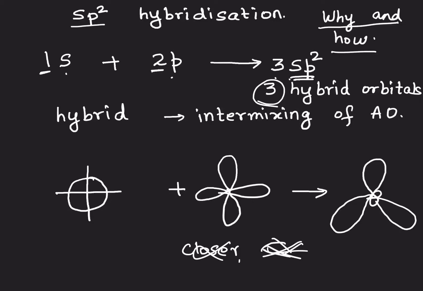Everything has been explained in detail in that. Now I've drawn the 3 hybrid orbitals. Why? 1 s and 2 p. The total number of hybrid orbitals is equal to the total sum of the atomic orbitals participating in hybridization. I am repeating this again and again because many students face this confusion.